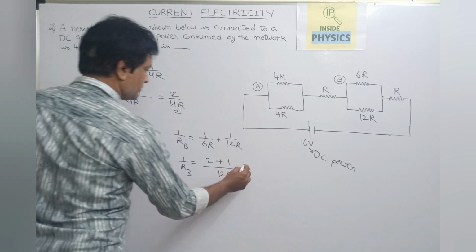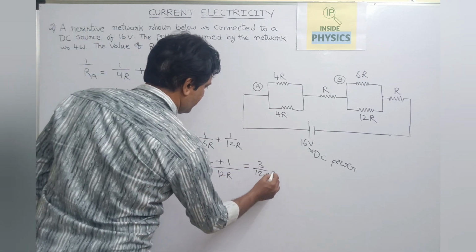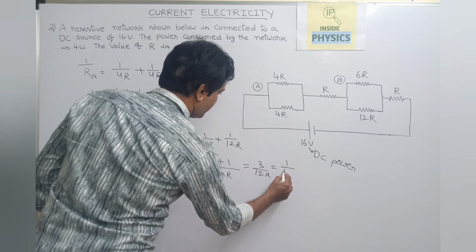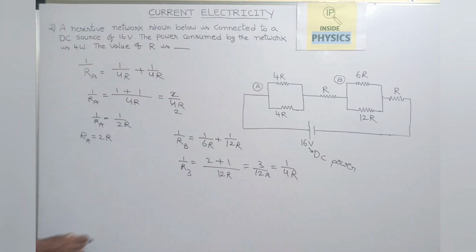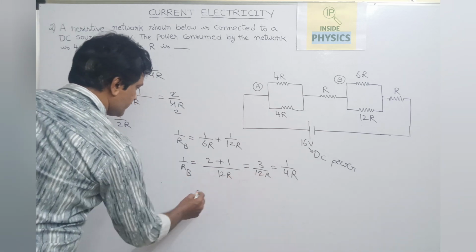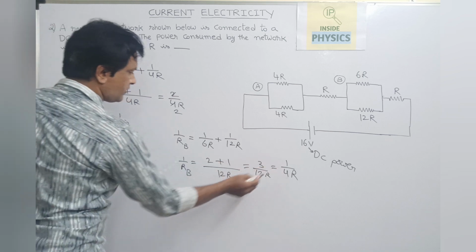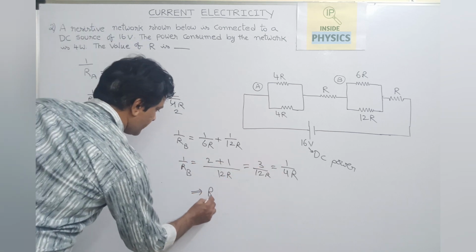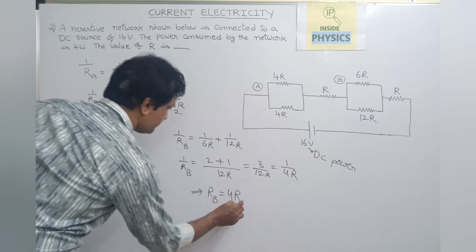So this can be written as 3 by 12R, that means 1 by 4R. This is B. From this we can write 1 by RB is equal to 1 by 4R, so RB is equal to 4R.